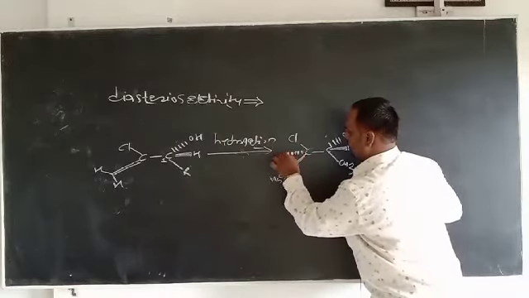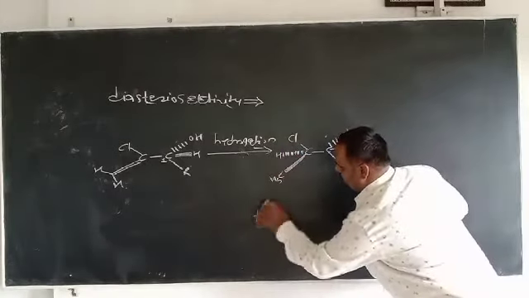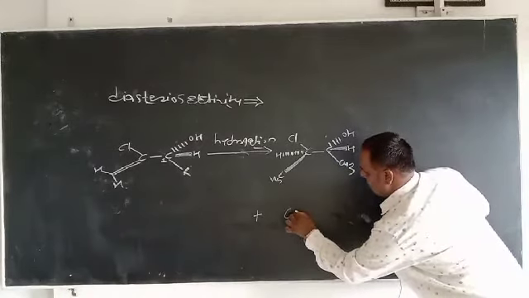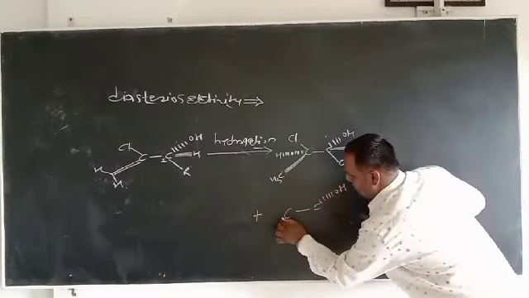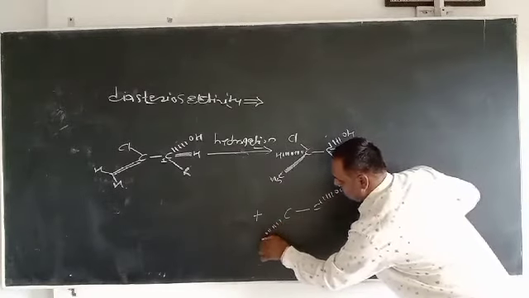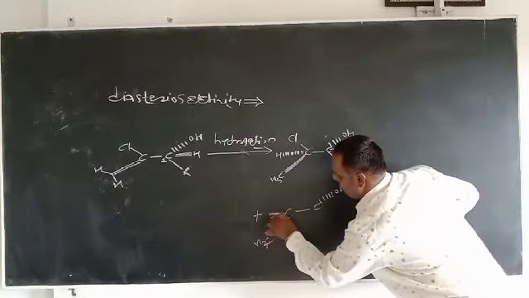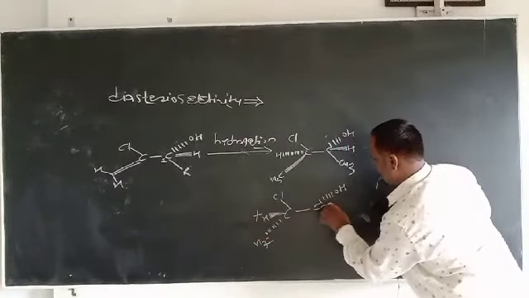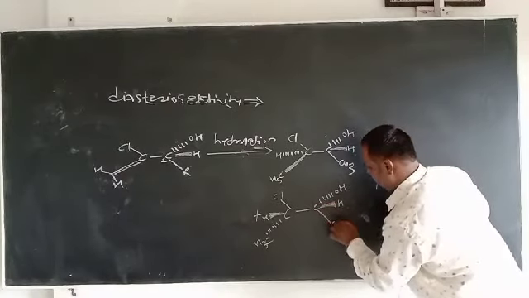So we get one product. Similarly, another product is obtained in which the methyl group is below the plane. This hydrogen is above the plane, this is chlorine, this is hydrogen, and this is CH3.